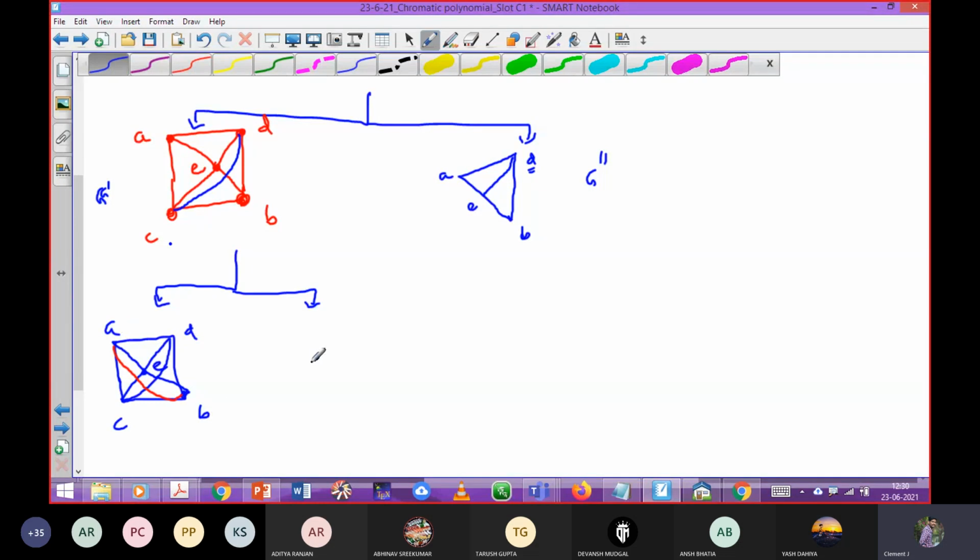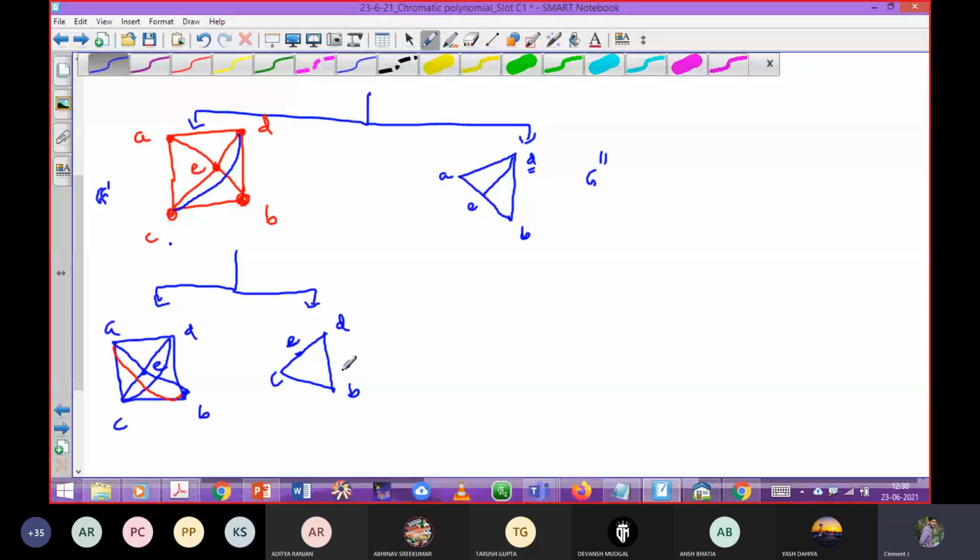In this case, I'm going to draw it; hope you can follow. Let me explain if there is any doubt. See here, I'm going to merge A into B. So C, E, and then D.